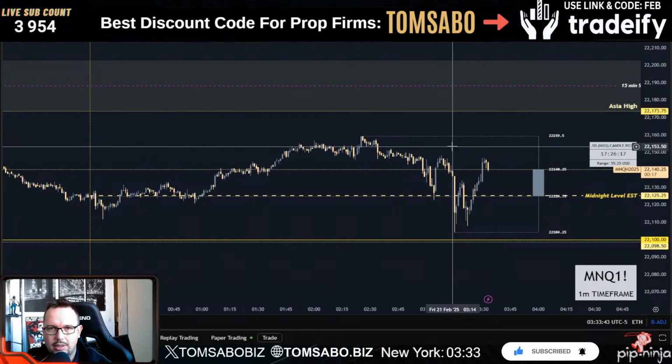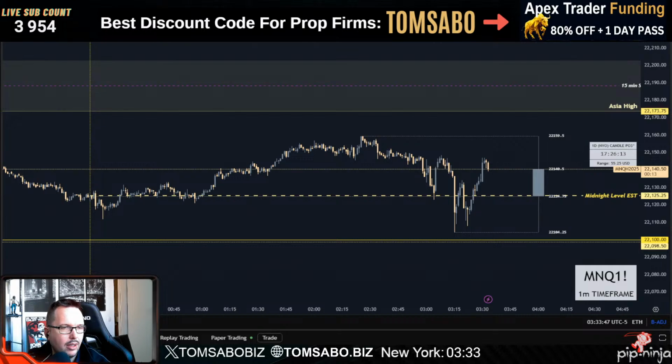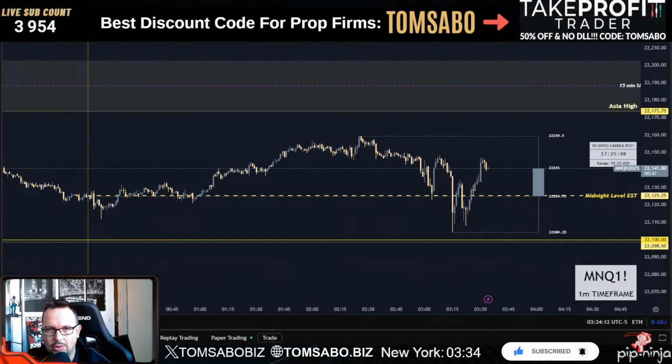So let's see, what's it doing? The 50-minute created a nice pin bar. So that makes me wonder again if it wants to go down and just go for that zone.